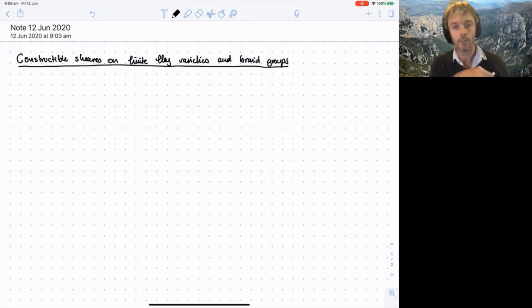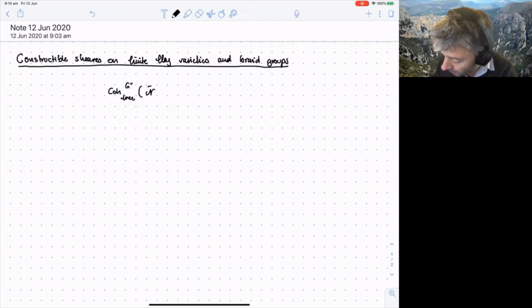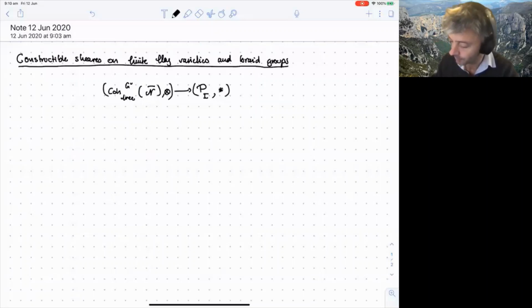And just to motivate where we're going, we wanted to construct this functor from free, G check, and tilde to Pi. So this is I-equivariant perverse sheaves on the affine flag variety.